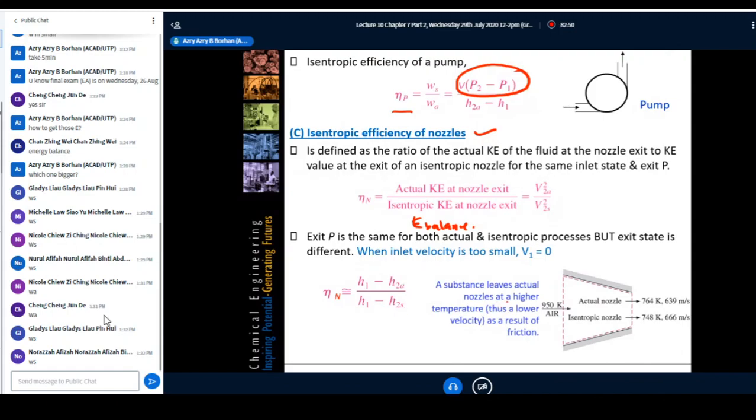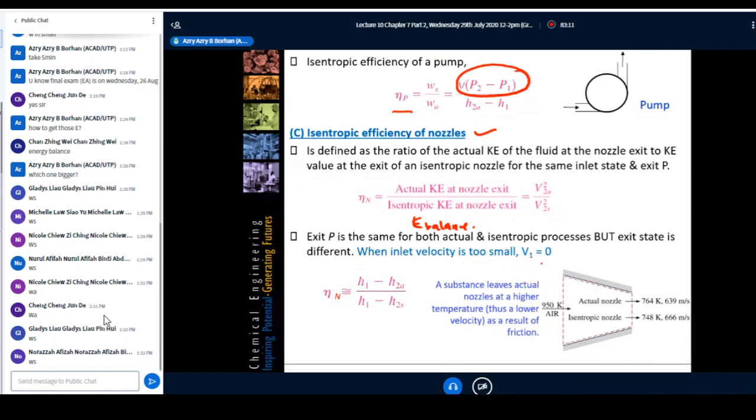Okay guys, sometimes when the cross-sectional area of the nozzle inlet here is too large, right? If the area here is too large, your velocity becomes too small. So when it becomes too small, you can simply neglect the value of V1.